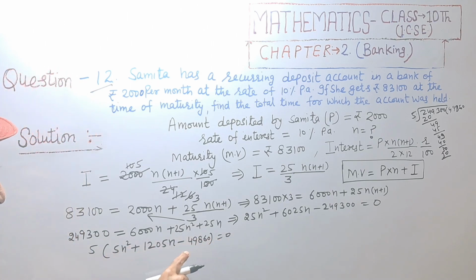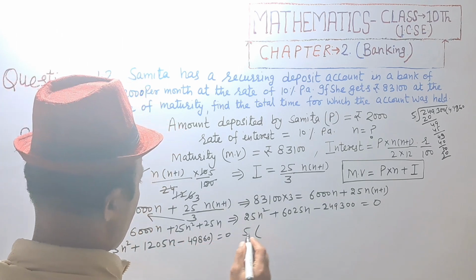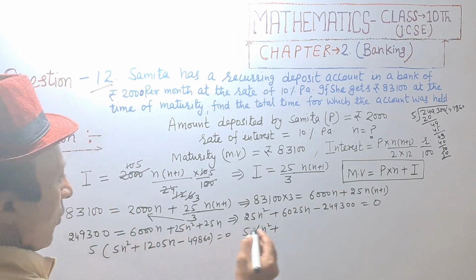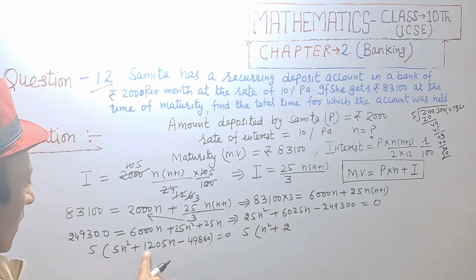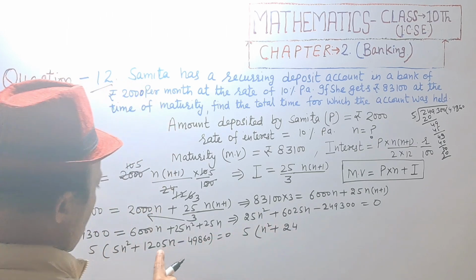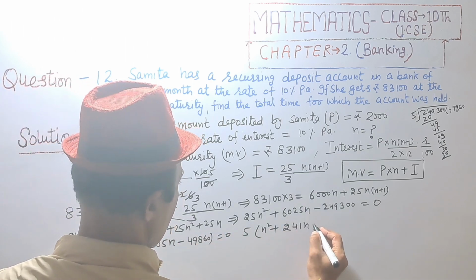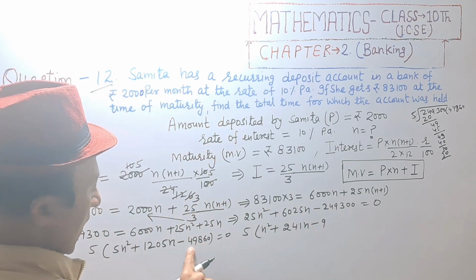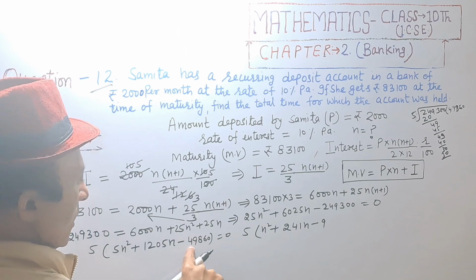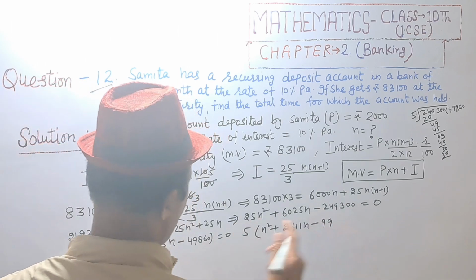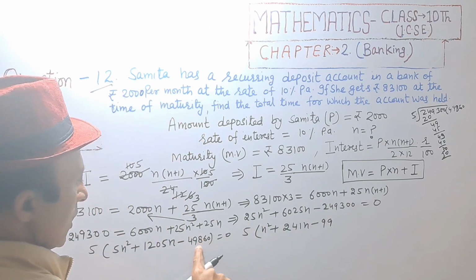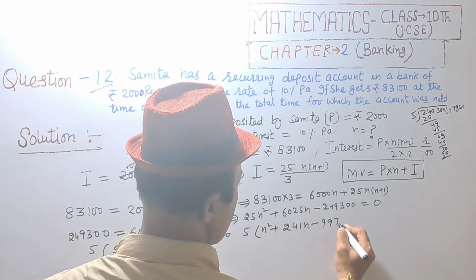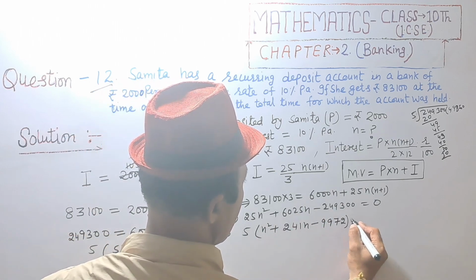We get n square plus 241n minus 9972 equal to 0.